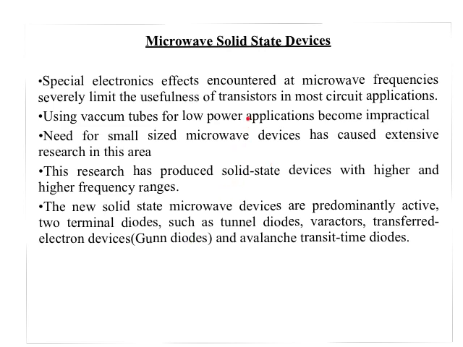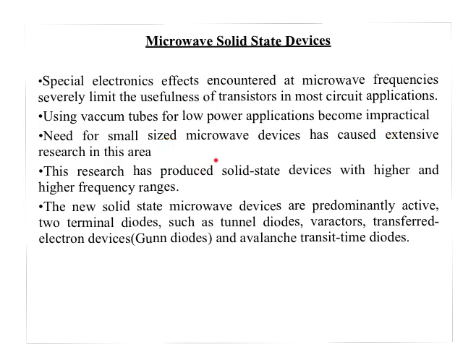The Gunn diodes belong to the category of microwave solid state devices. These devices are produced because of the special electronic effects encountered at microwave frequencies, which limit the usefulness of transistors in most circuit applications, and using vacuum tubes for low power applications is impractical.